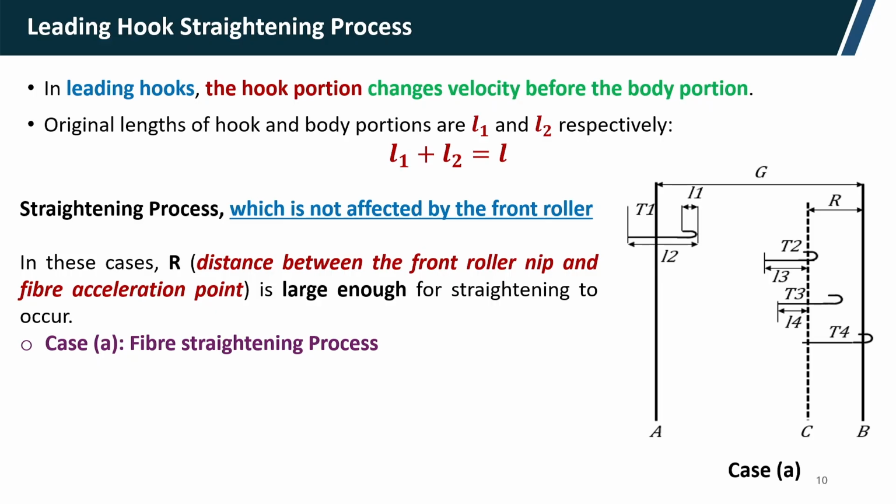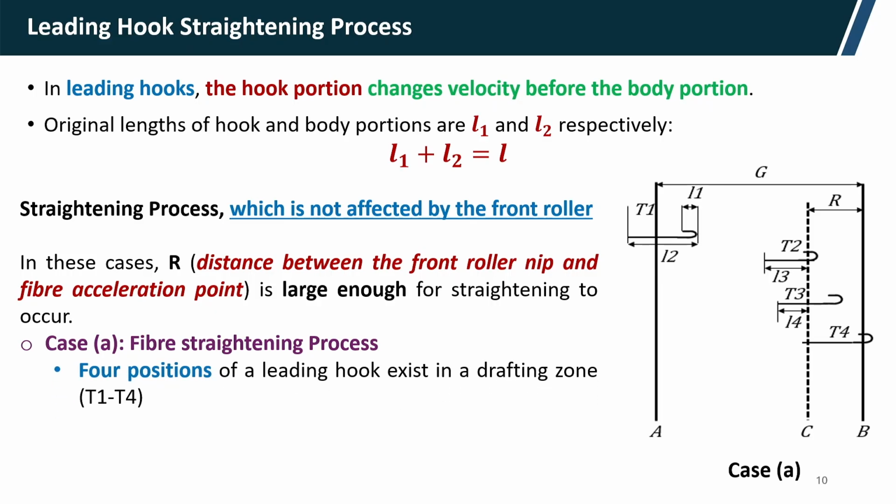In case A, 4 points of the leading hook exist in the drafting zone: T1, T2, T3 and T4.